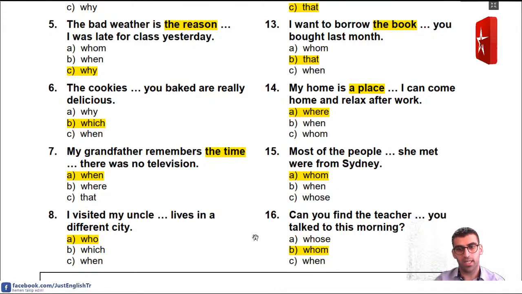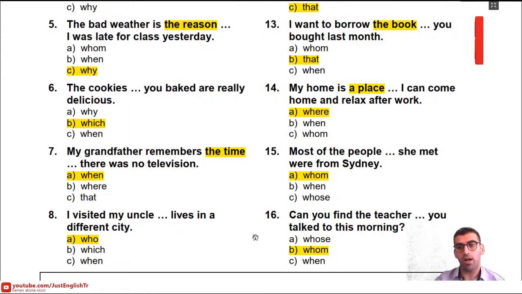If the number of the correct answers is about 11 or 12, it means you should study more. If you answered 13 or 14 questions correctly, you are good. If you answered 15 or 16 correct answers, like all of them are correct, so you are excellent.